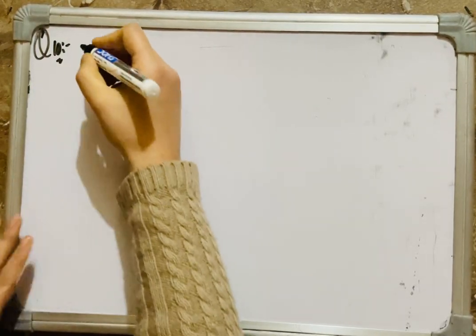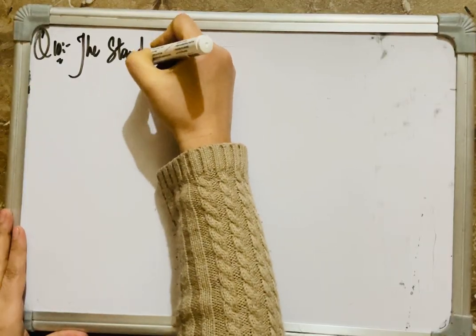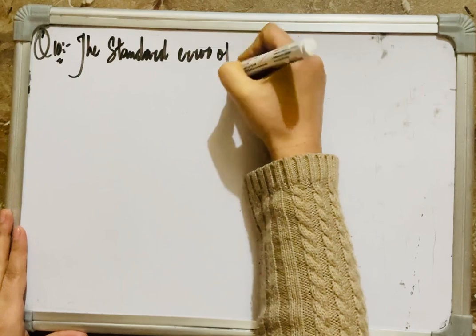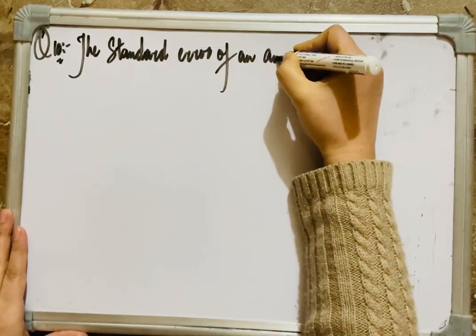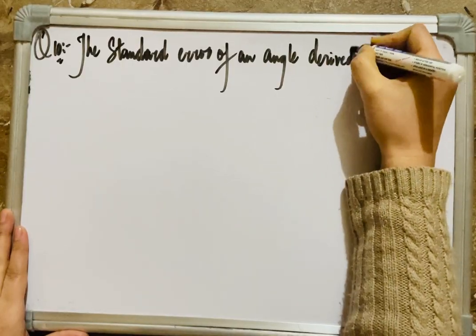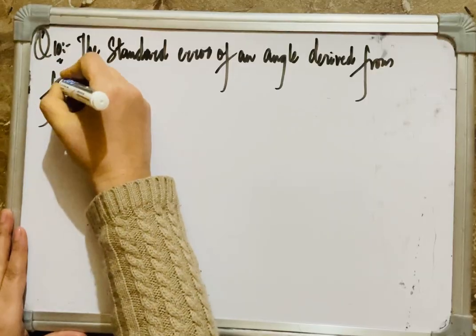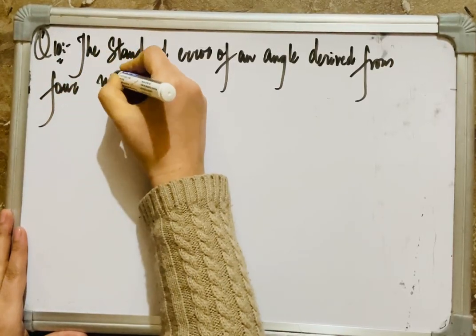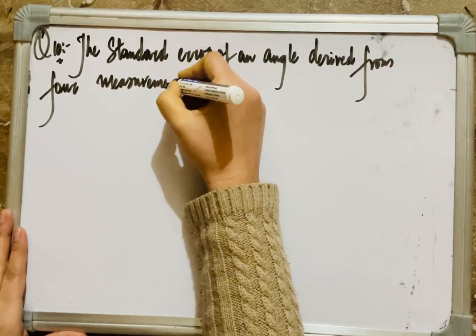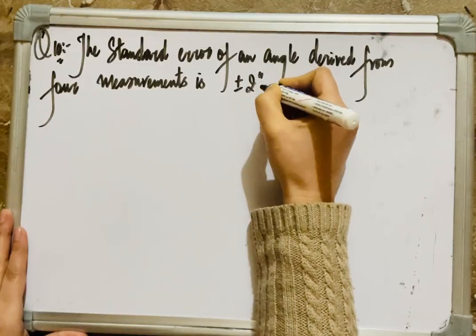The standard error of an angle derived from 4 measurements is plus minus 2 seconds.